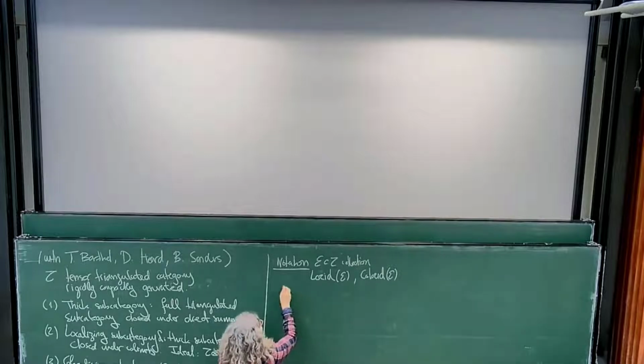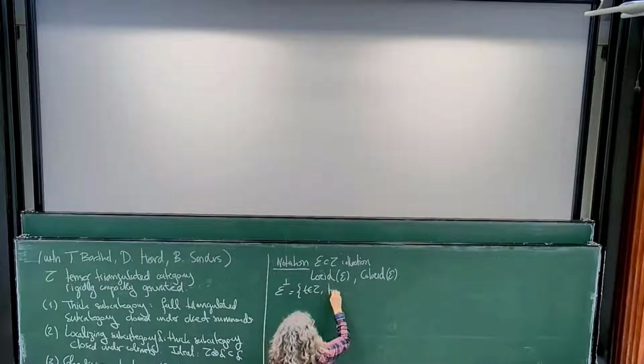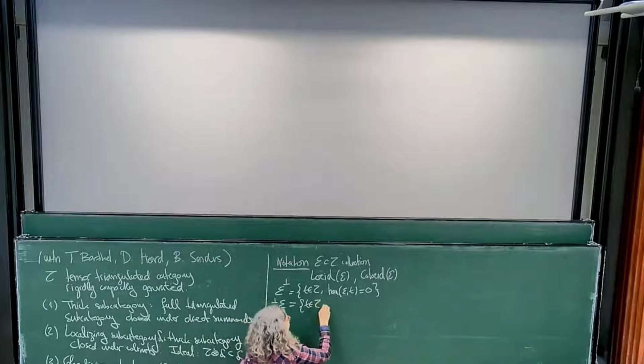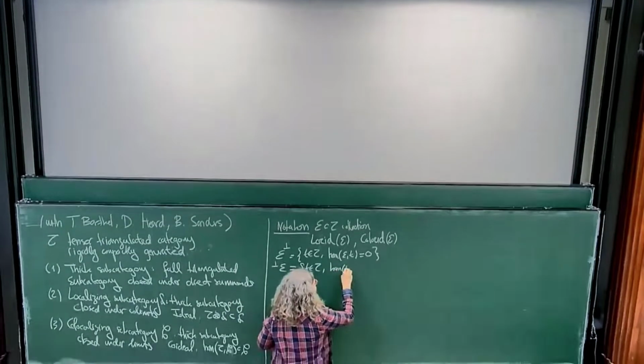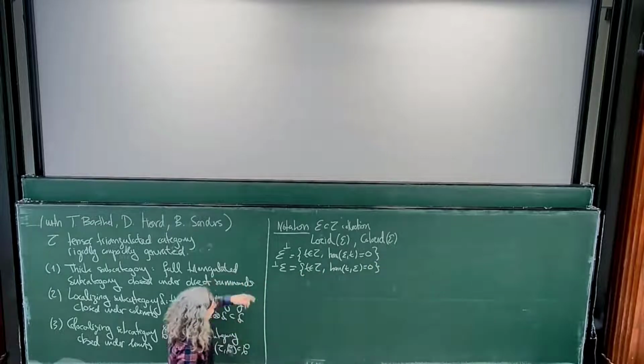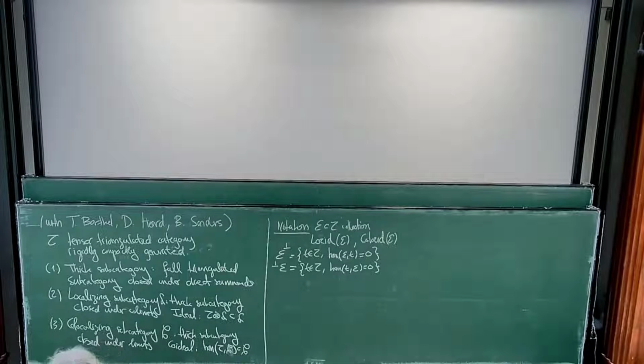And then when I write this with the right orthogonal, this means that you look at the objects such that the Hom is 0, and similarly for the other orthogonal, the left orthogonal. And it turns out that this is a way of producing localizing and colocalizing categories.